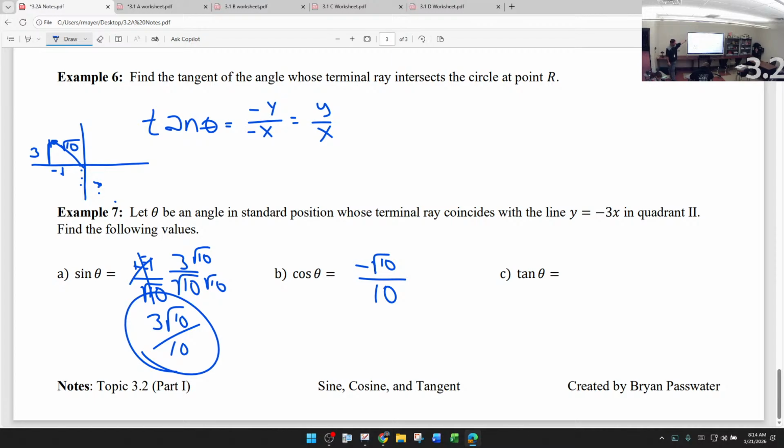And then tangent is opposite over adjacent. And if you want to put it over 1, you can. SOHCAHTOA is all it is. The unit circle, that's what we're going to do on Monday. Just start getting it in your heads.